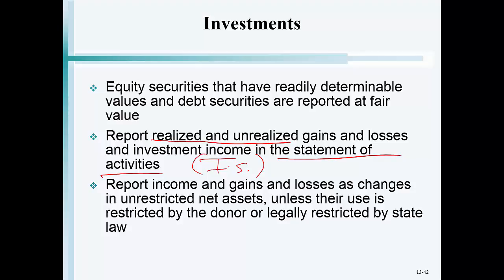How do you want to handle the balance sheet part? Balance sheet part is the same. You're correct. We do what? We go ahead and we write that up or down on the balance sheet, don't we, as the value fluctuates? Okay, what do you want to do with the credit then? Or to say it was a gain. We debited the security. What do you want to do with the credit?